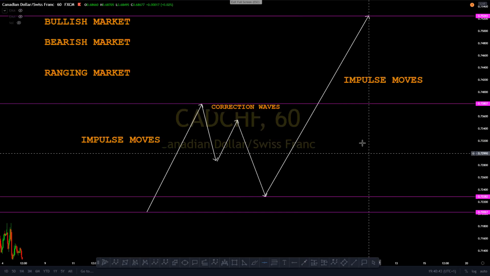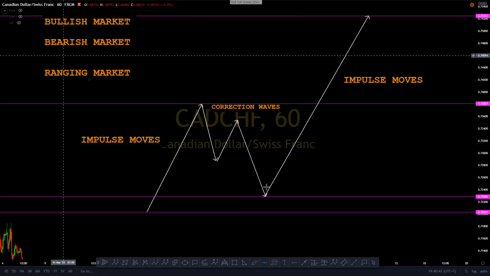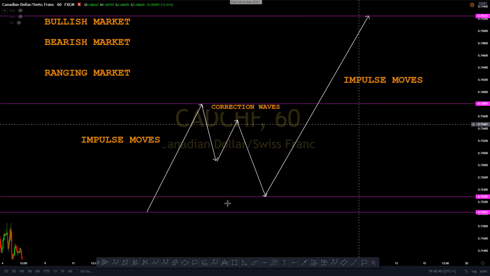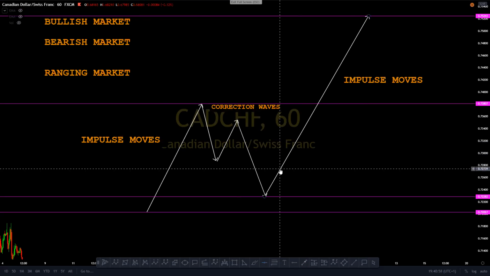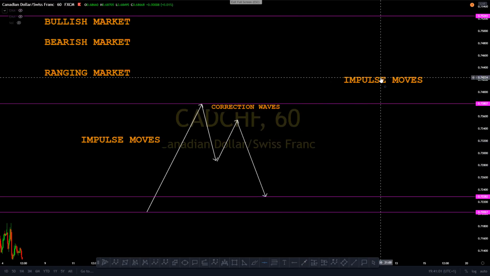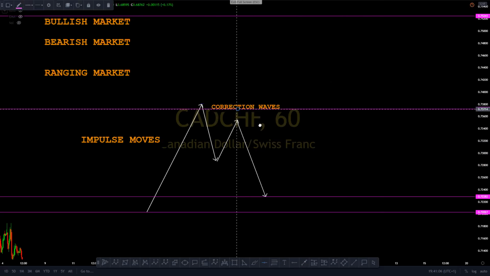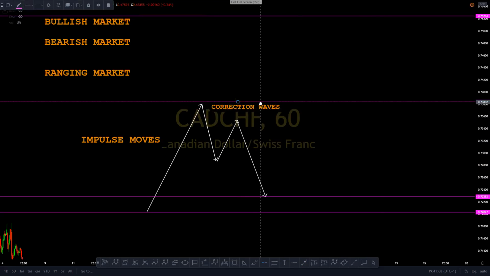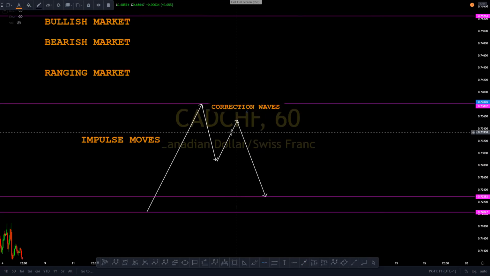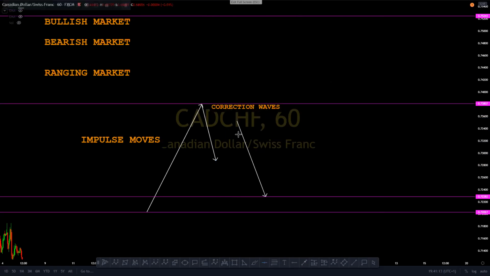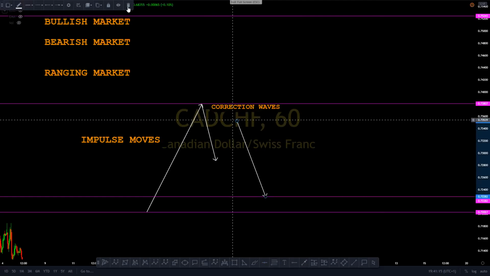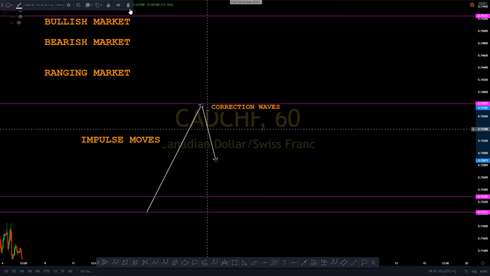When you put your support and resistance, the next thing you check is where the market is. For example, we don't have this, we only have this.